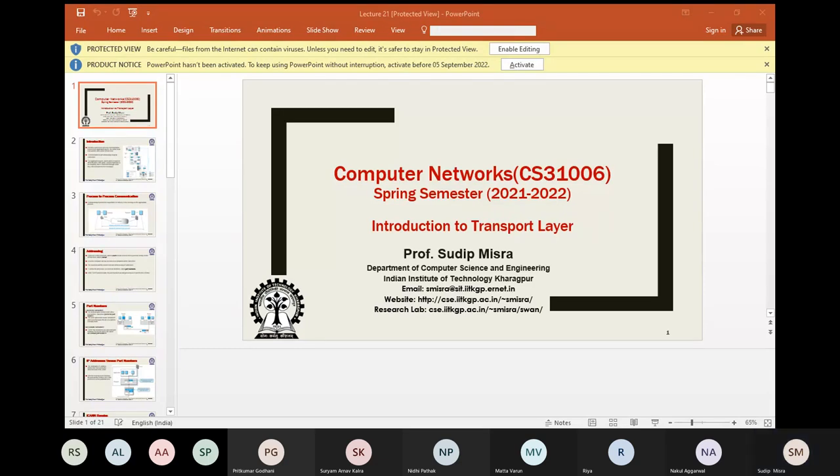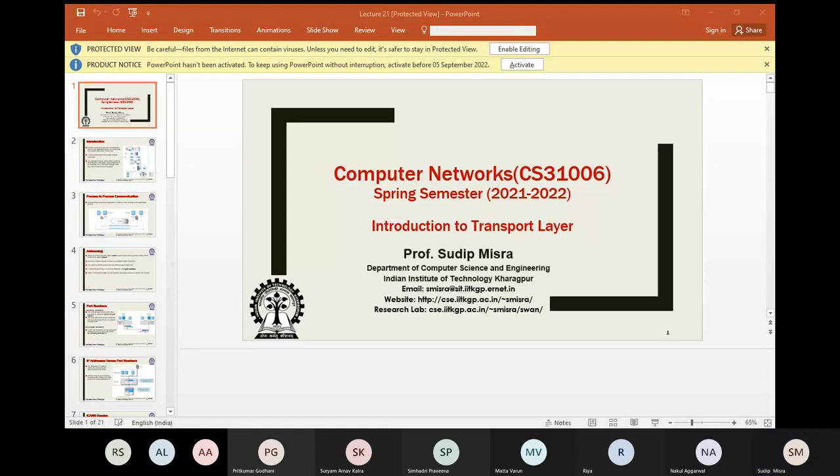That means only the same layers, using the corresponding protocol applicable in that layer, can talk to each other. However, the bits actually go through the physical connectivity, whether it is a wire or wireless, but logically the communication takes place between these layers. So physical with physical, data link with data link, network with network, transport with transport, and application with application.